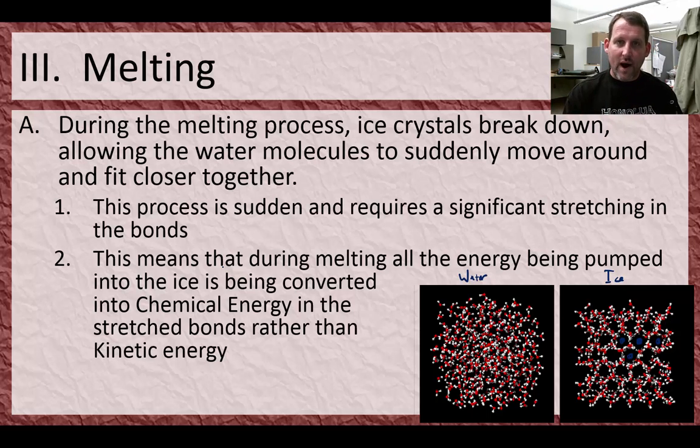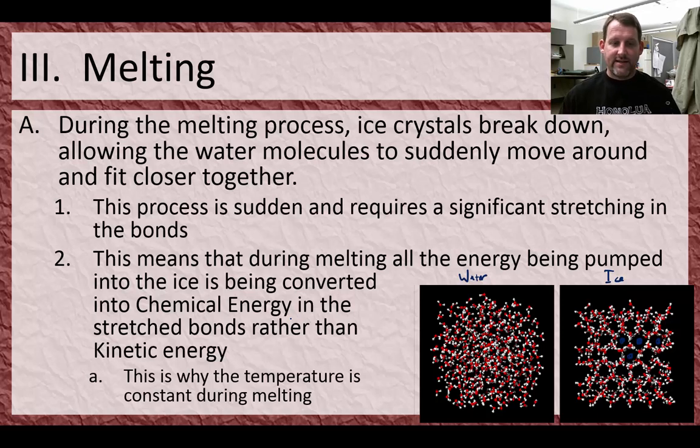So it happens right away. And all that energy you put in is being converted into chemical energy in the water. And this is why the temperature is constant during melting, because all the energy you put in is going into stretching the bonds, chemical energy, rather than kinetic energy, making them move faster.